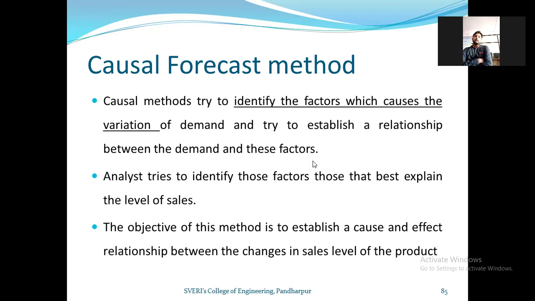Okay, so write down causal forecast method.